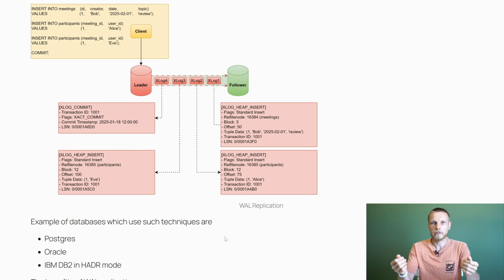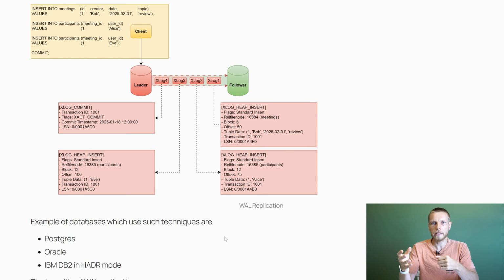The second benefit is that non-determinism is not a problem because we just say which values are changed, not the commands. But unlike row-based replication, we don't just say that some values were changed, but we also say how to apply those changes and what data blocks need to be changed.